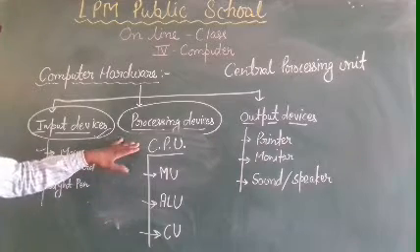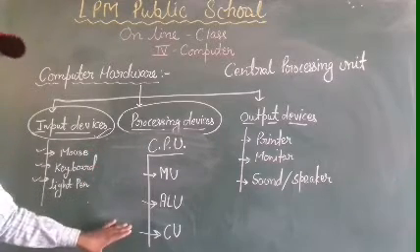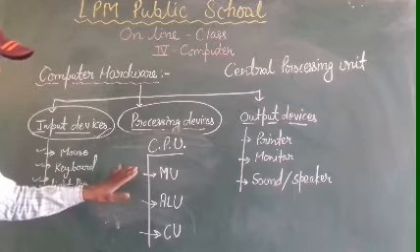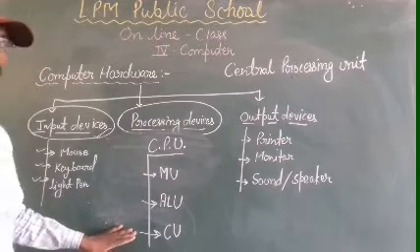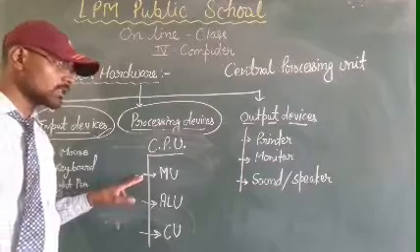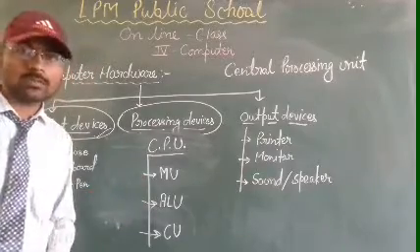Central Processing Unit is divided into three parts. First is MU, second is ALU, and third is CU. MU stands for memory unit.